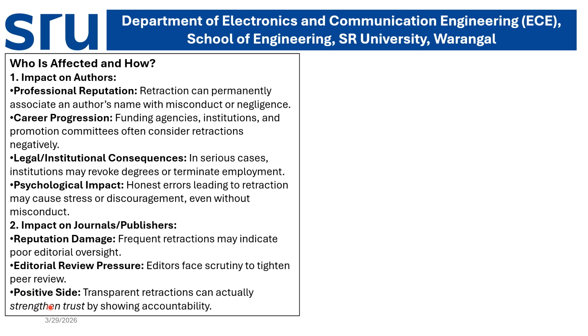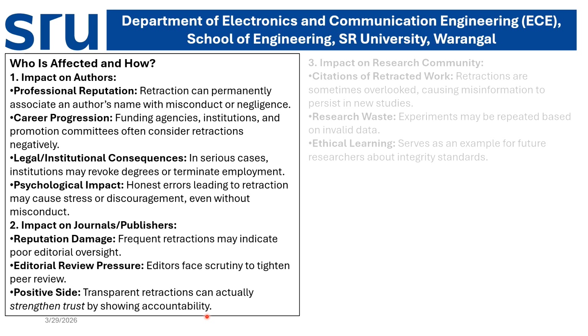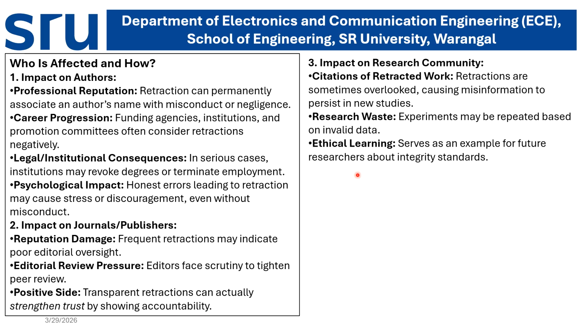Positive side, a transparent retraction can actually strengthen trust by showing accountability. Third point, impact on the research community. Citation of retracted work. Retractions are sometimes overlooked, causing misinformation to persist in new studies.